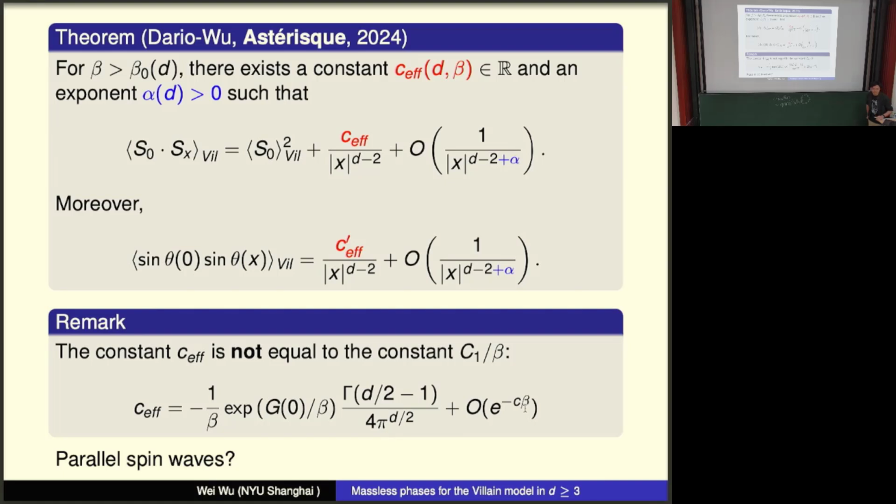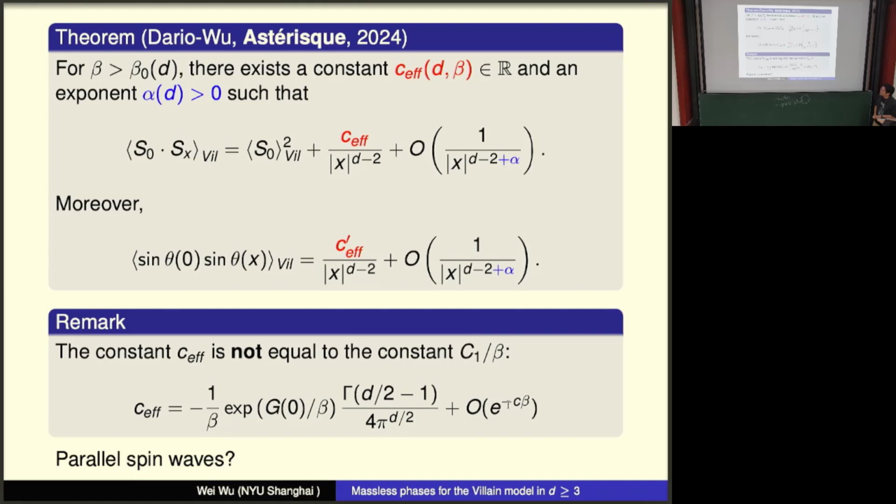So C1 over beta would be the first term, the Gaussian term. So this C effective is not equal to this one? Yes, C1 is the first term. So you're saying they differ by this exponentially small correction? Yes, that's right.